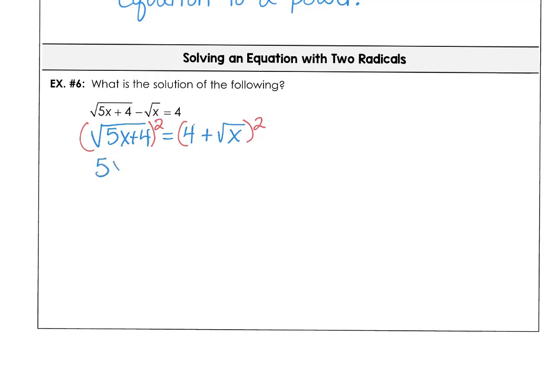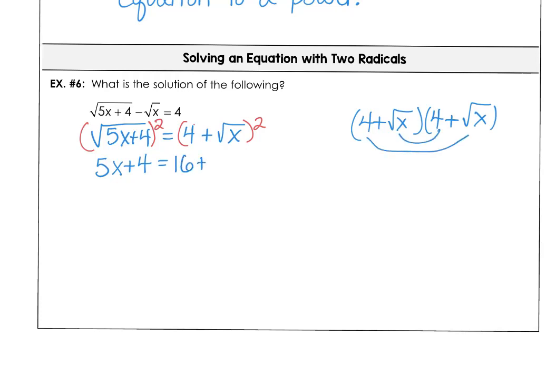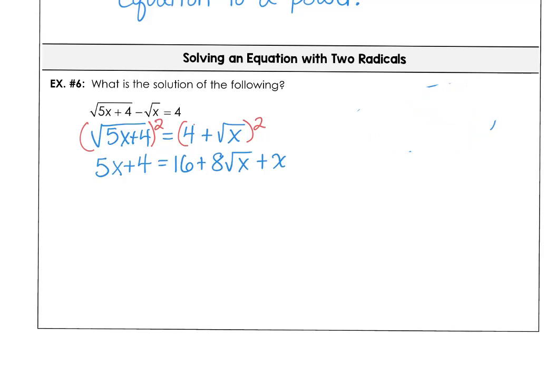So we end up with 5x plus 4 on the left. And if you expand this out, 4 plus radical x twice, 4 plus radical x, and multiply, you've got 16, and then we'll have 2 times 4 radical x, so that would be 8 radical x. And then radical x times radical x is just going to give us 1x for the right-hand side.